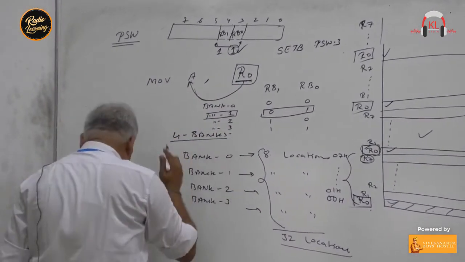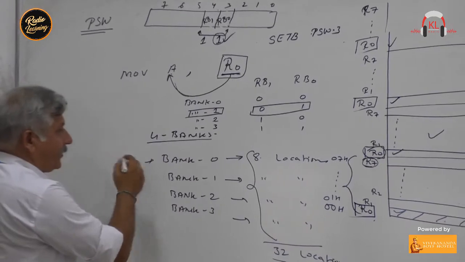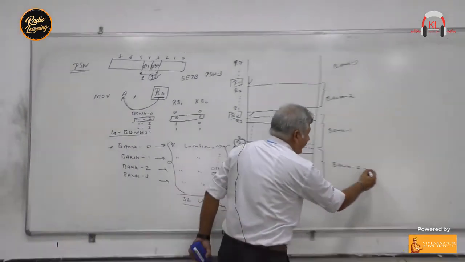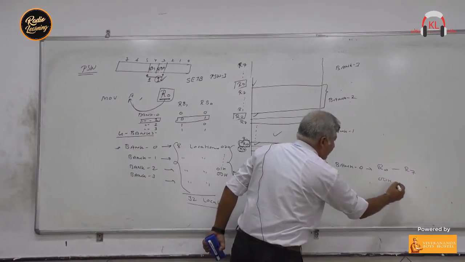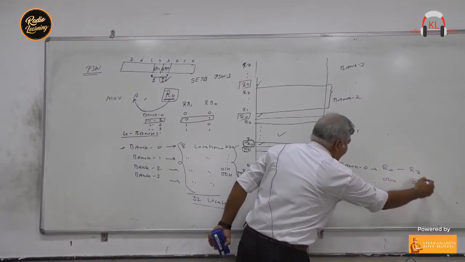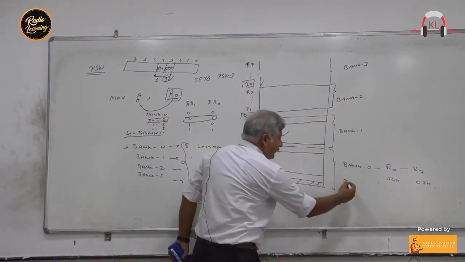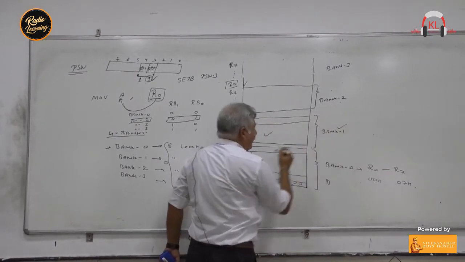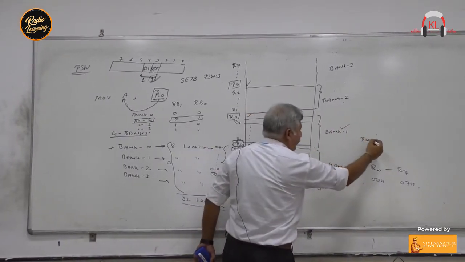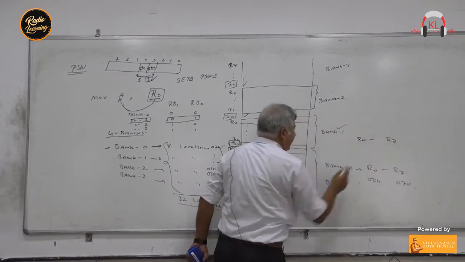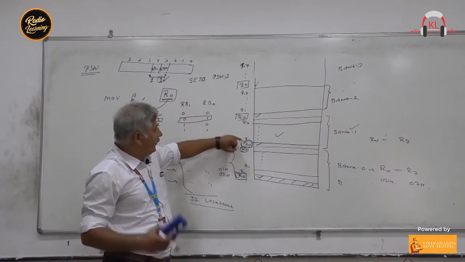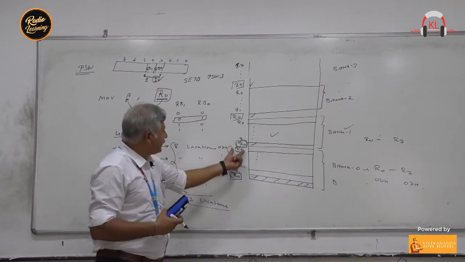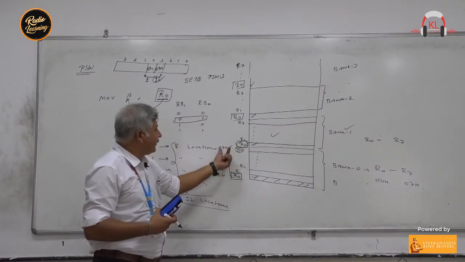So bank number 0 will have the registers R0 to R7, and the addresses will be 00H to 07H. Then bank number 1. In bank number 1, again we have the R0 register up to the R7 register. Now here, R0 register of bank 1, what will be its address?